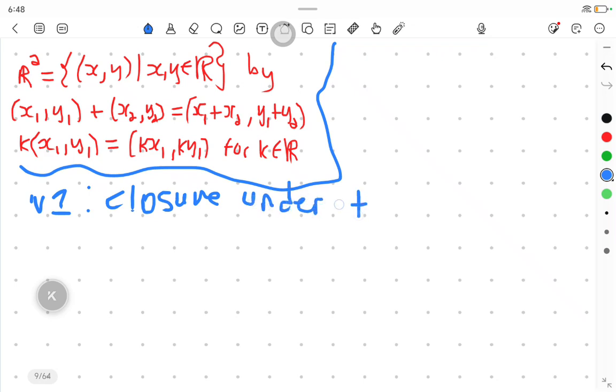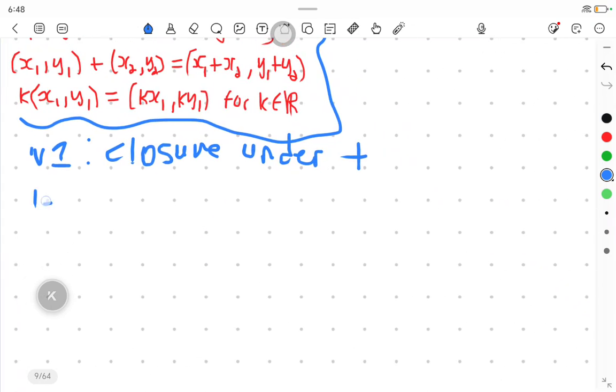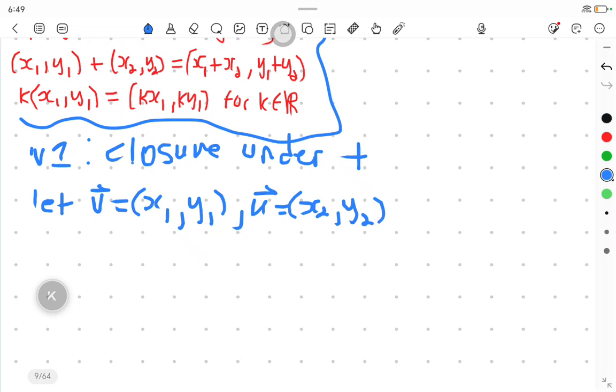under addition. Now for closure under addition, I'm going to let V be equal to (x1, y1), and then I let U be equal to (x2, y2), and then I let W be equal to (x3, y3) for further use.